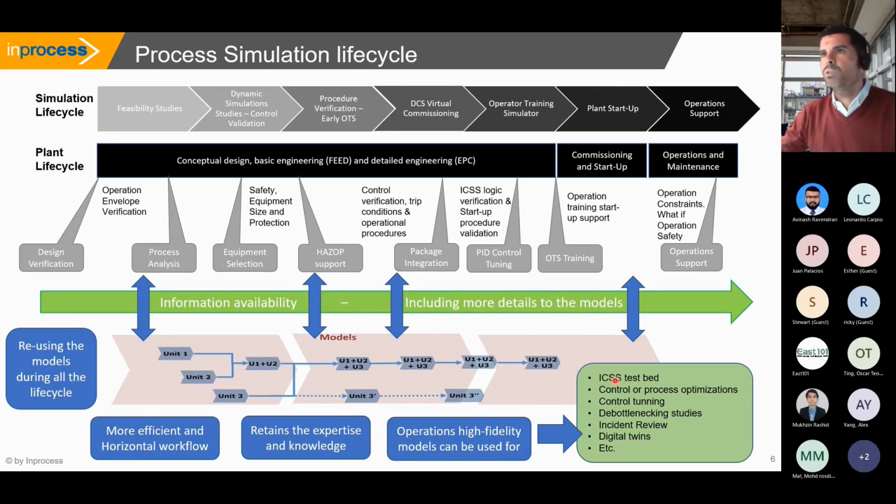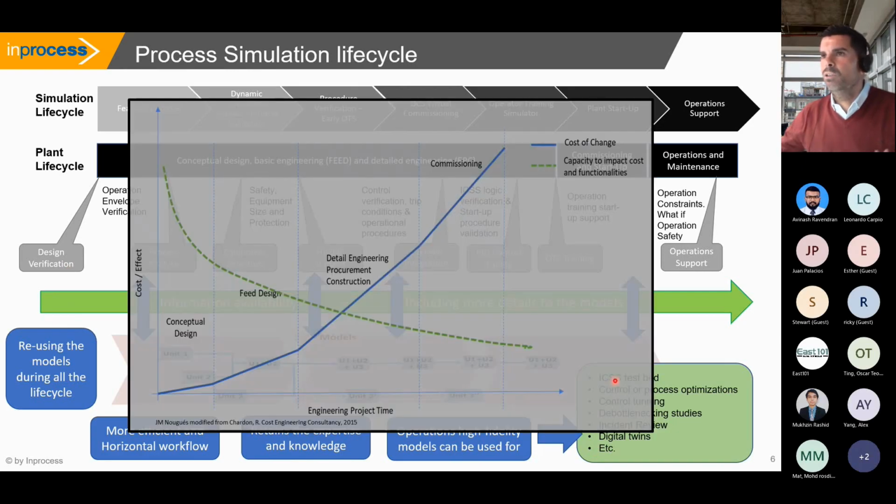So what is also important to mention is that if we put it in a graph, we need to understand that early involvement is critical in a facility like an FPSO, because what we have faced when we are involved from the early stages in a process simulation study, in an engineering study, is that at the very beginning of the engineering project, the capacity to impact cost and functionality is very high when you are talking about the early phases of the project.